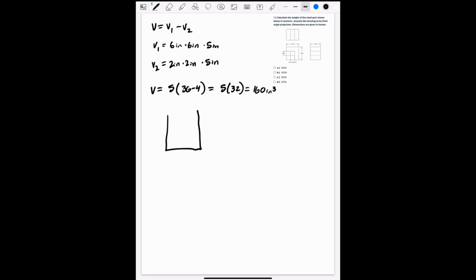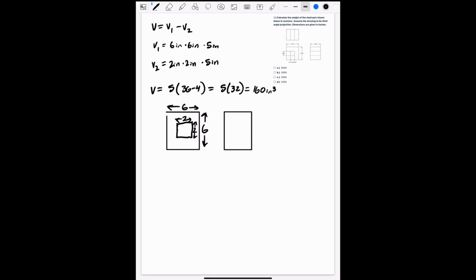And if you guys are a little shaky on what I'm doing here, I'll illustrate. So this is the front view. You have 2 inches here, 2 inches here, 6 inches, and 6 inches. And then looking from the right view, this again is third angle projection.